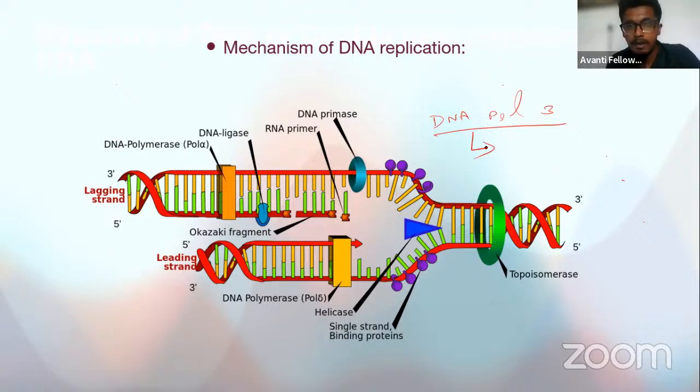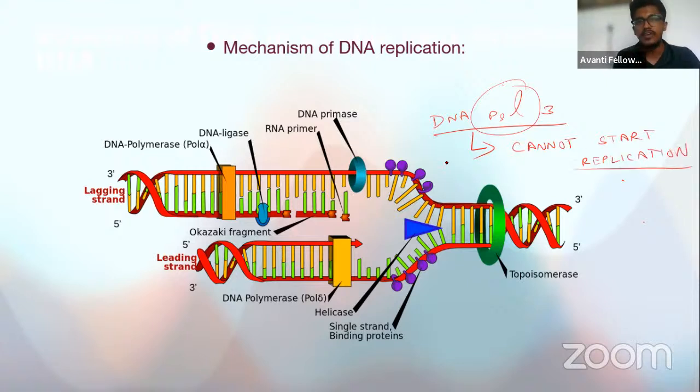Now, DNA polymerase 3, or any DNA polymerase, cannot start replication. What am I saying? If I have a strand of DNA, this is the parental DNA, and now I have to start the replication.